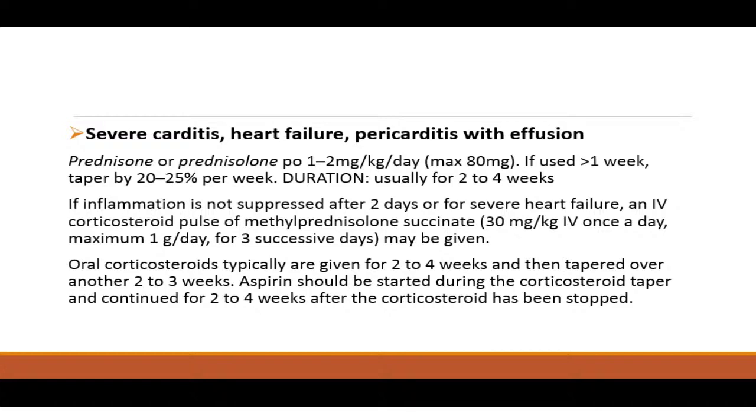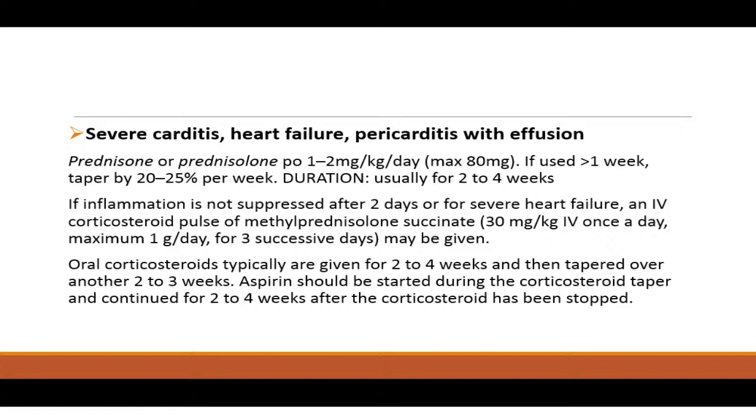If inflammation is not suppressed after 2 days of the classic scheme of steroids, you may use intravenous corticosteroids, so-called pulse therapy, using methylprednisolone succinate, and you see the dosage, it's quite high.